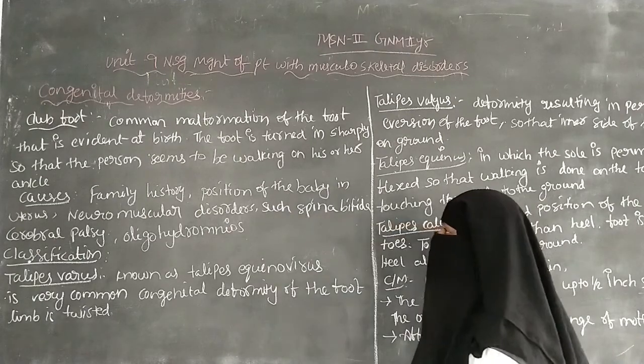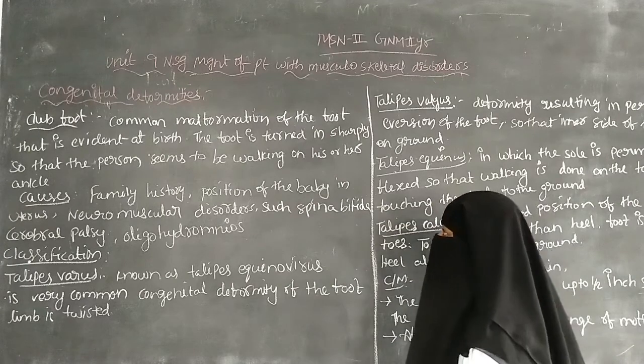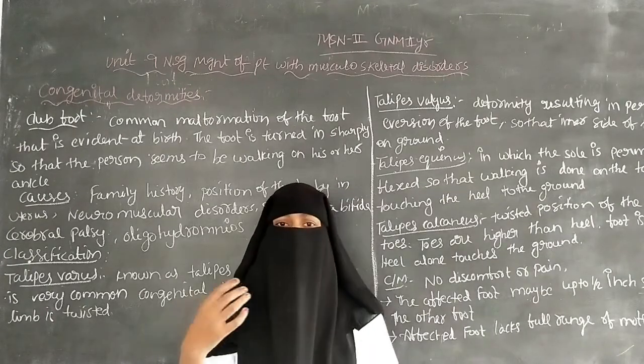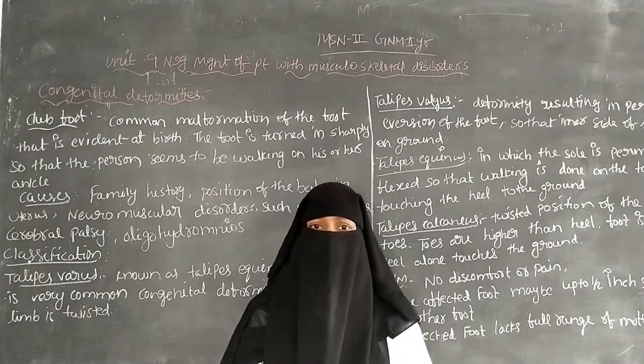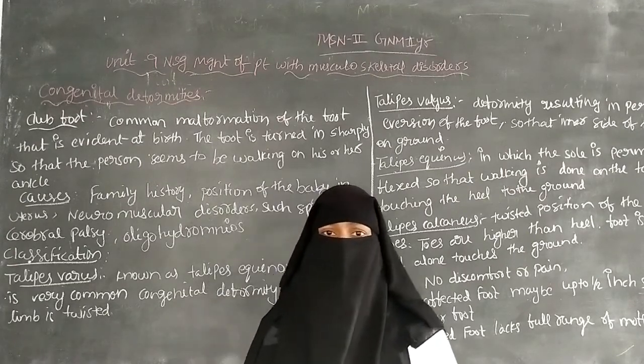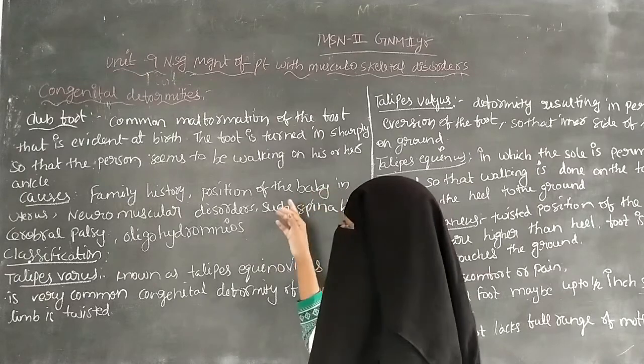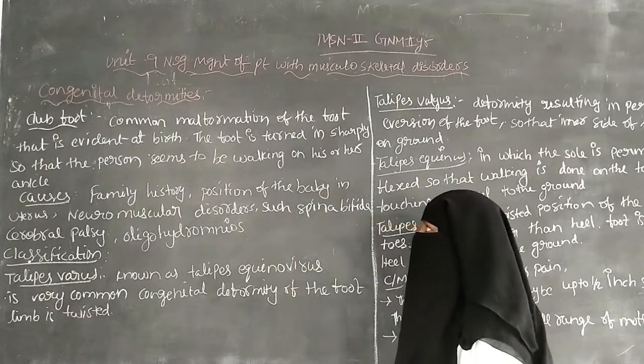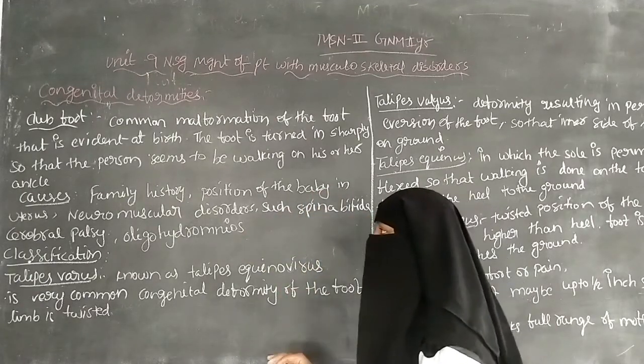In clubfoot, the foot becomes turned inside, the sole of the foot is turned toward the inside of the body, so that the person seems to be walking on his or her ankle.